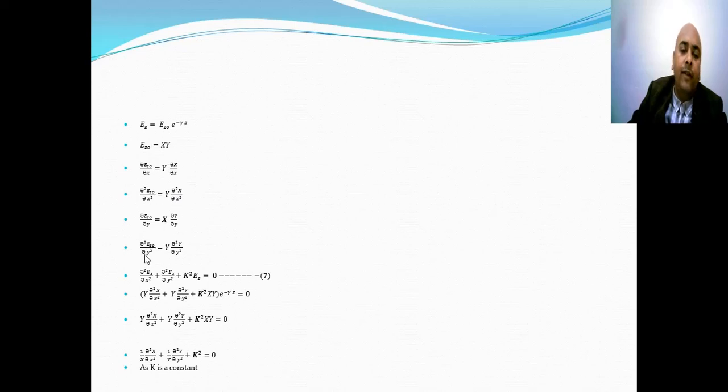Similarly, if we differentiate Ez0 with respect to y, we will obtain ∂²Ez0/∂y² is equal to X into ∂²Y/∂y².